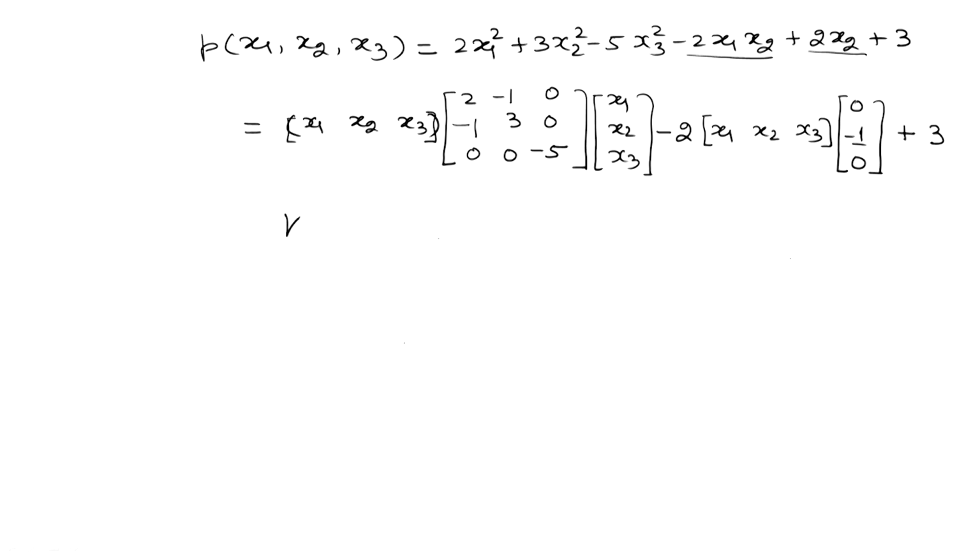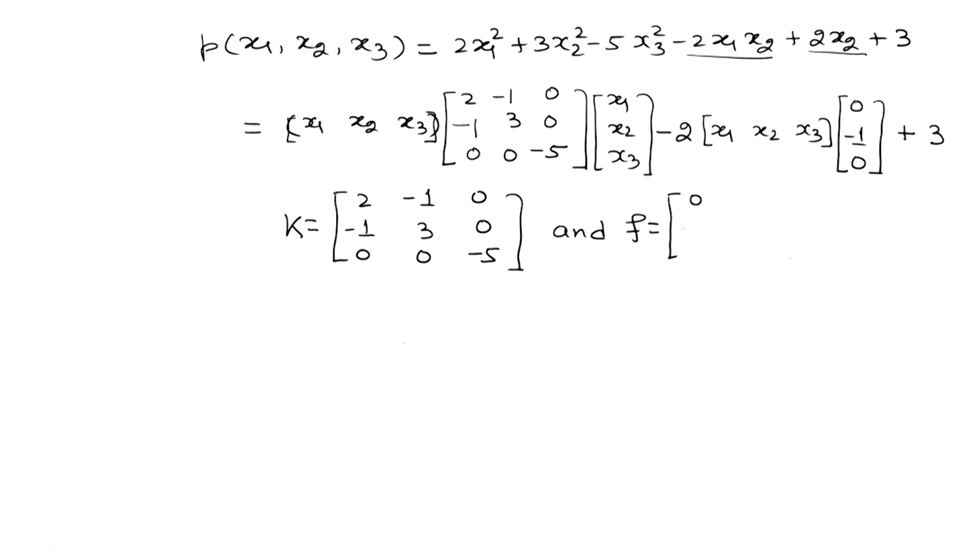So, if I see here, K comes out to be 2, minus 1, 0; minus 1, 3, 0; and 0, 0, minus 5, and the vector f is 0, minus 1, 0.